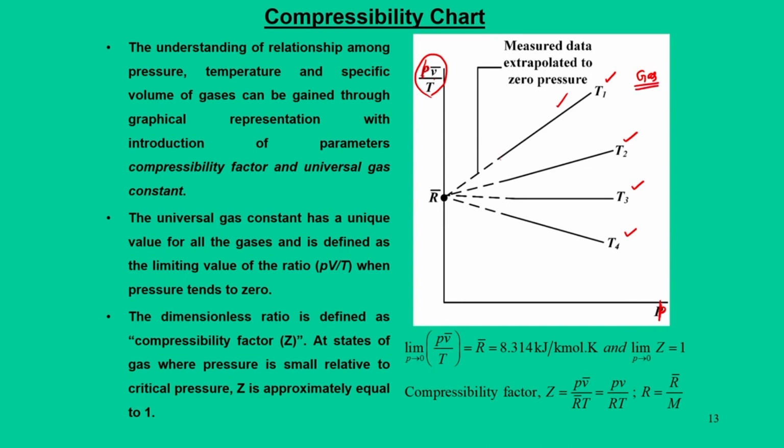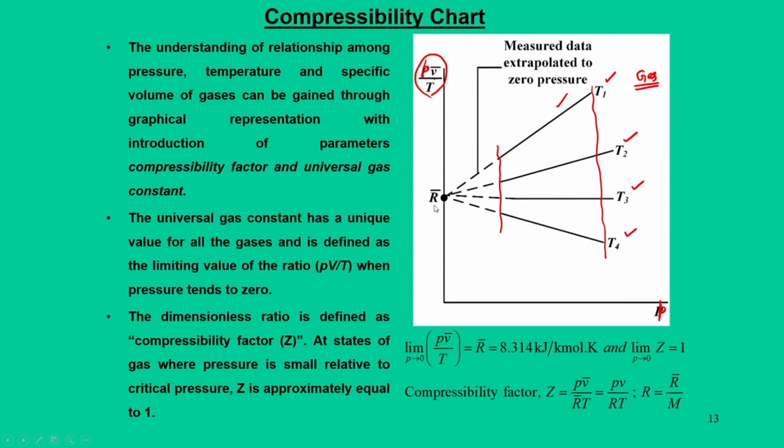What is interesting is that the data available to us after the experiment lies in this domain. If you plot them and extrapolate further, that is, keep extending the data, it intersects the y axis, the PV bar by T axis, at one point.